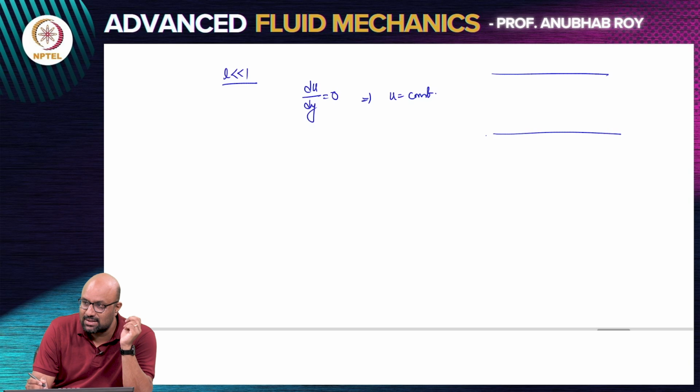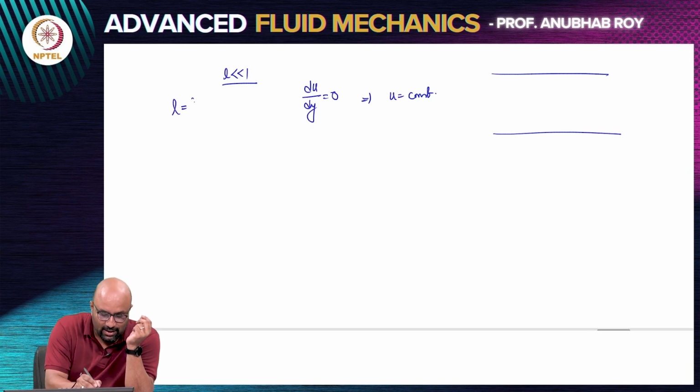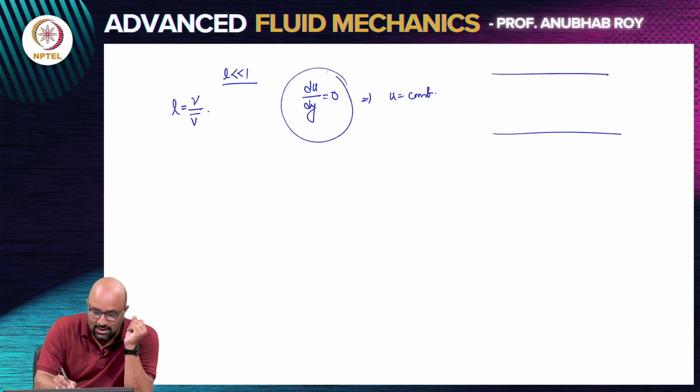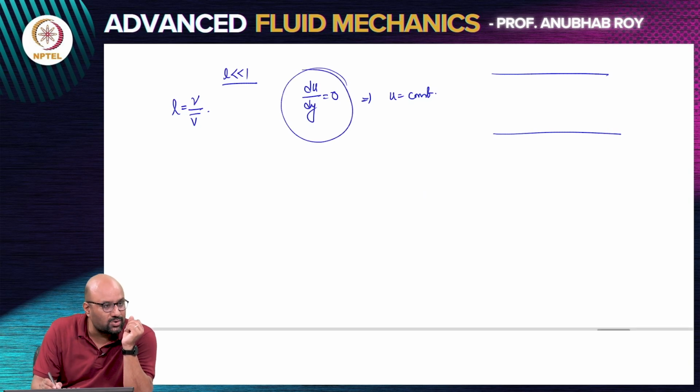So, when L, which is nu by V bar, is very small, you will not be able to apply the solution uniformly, which is to say that this description du/dy being equal to 0 is going to work near one of the boundaries but not both.